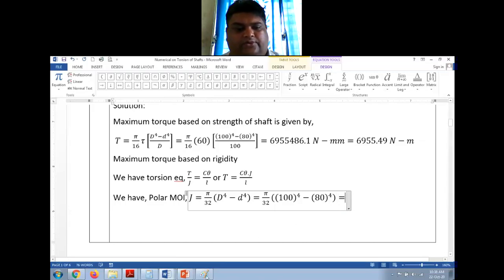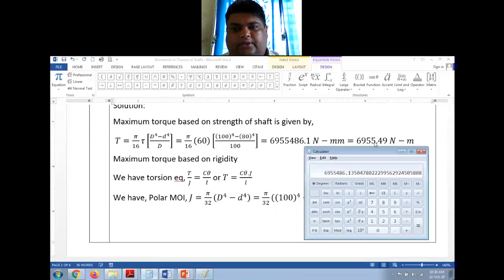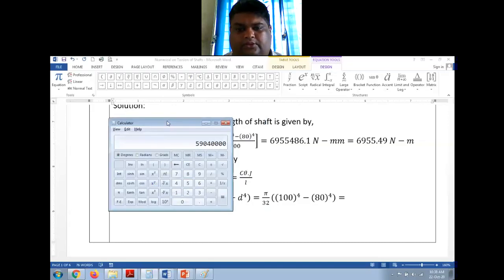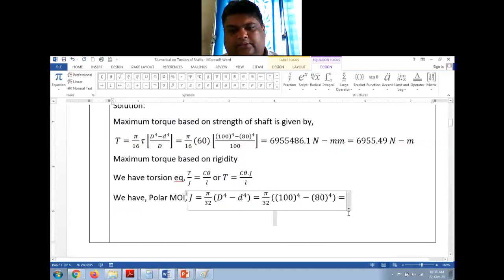So this is equal to, let me calculate again. So 100 raised to 4 minus 80 raised to 4 is this much into 5 by 32, right? I'll just keep this as it is.